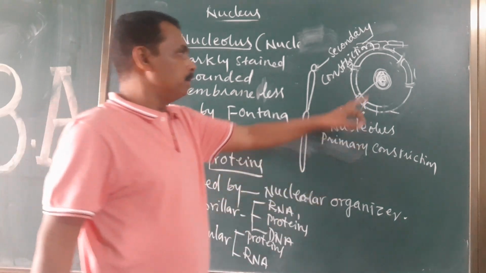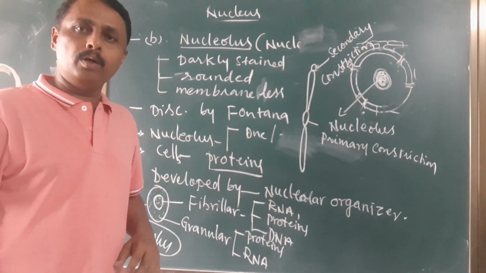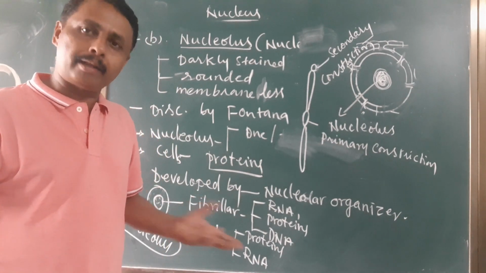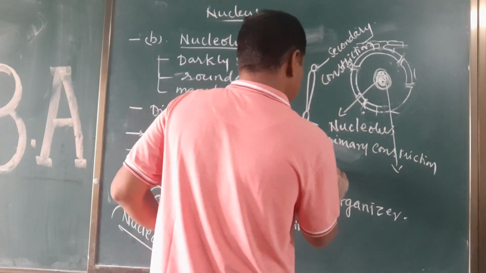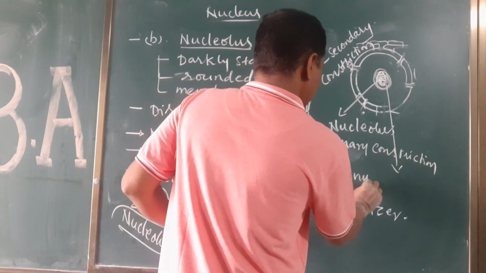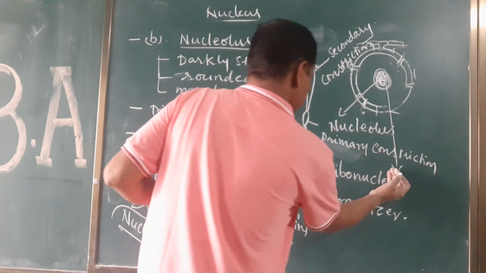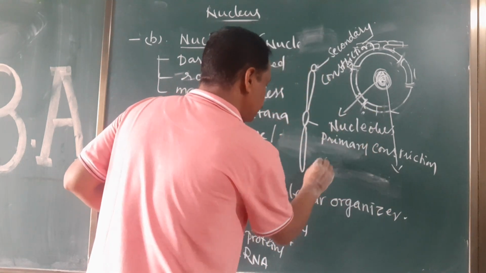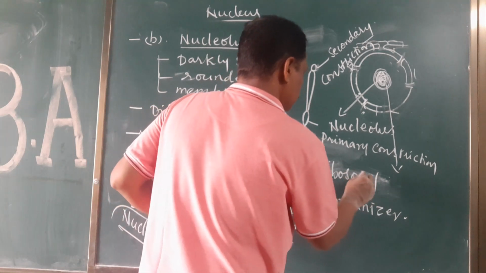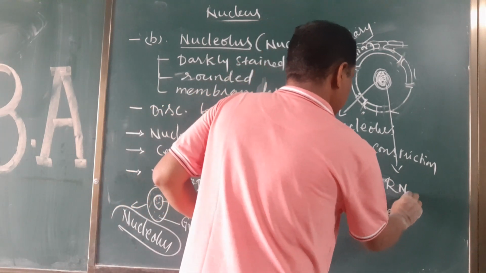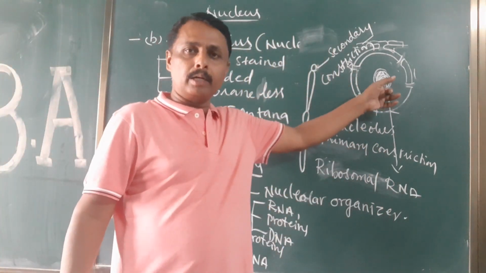That means the nucleolus is the site for the formation of ribosomal RNA, ribonucleic acid. So ribosomes are formed by the nucleolus.